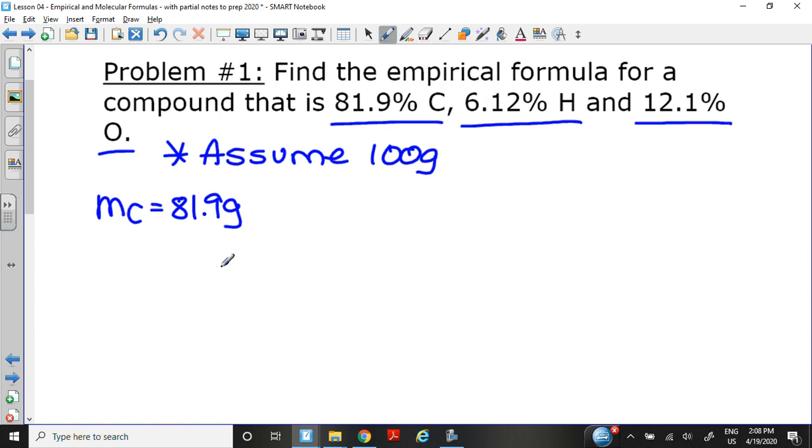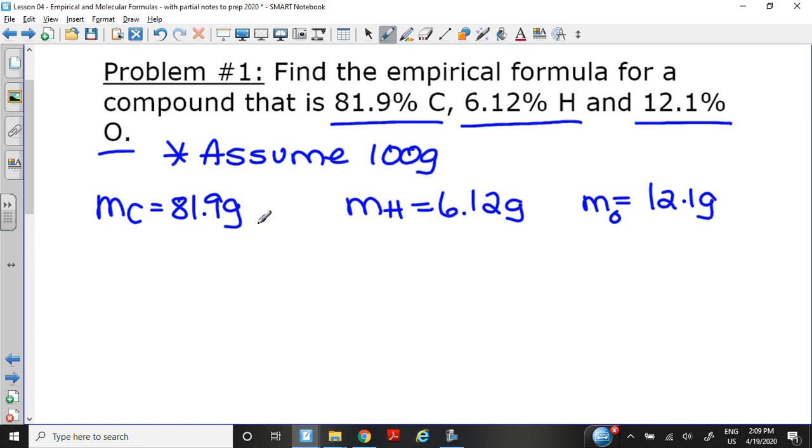It was 81.9%. Now it's 81.9 grams. Next is hydrogen. If it's 6.12%, it's going to be 6.12 grams. And lastly, I've got my mass of oxygen. 12.1% is going to be 12.1 grams.